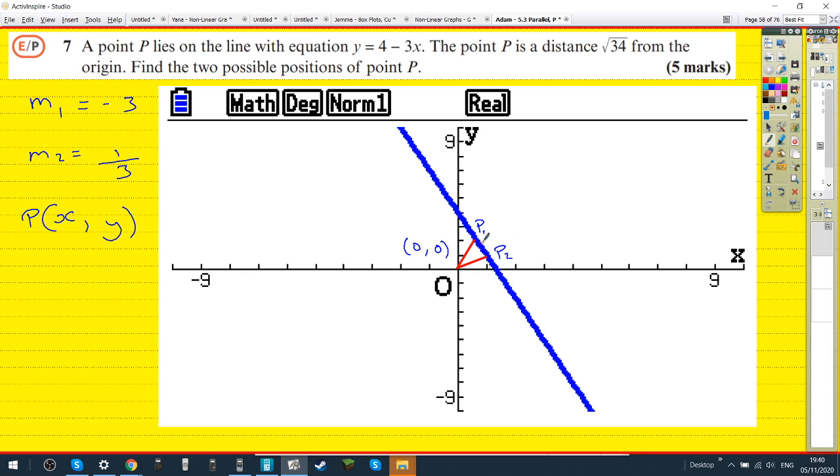Possibly I would do Pythagoras with the point P and 0, 0, because it says it's a distance of root 34 between those two. Yes, because it's the distance from P to the origin. To use Pythagoras, you need another coordinate.